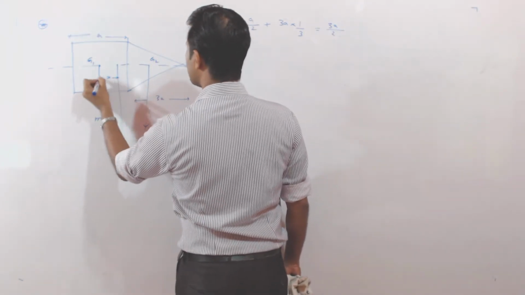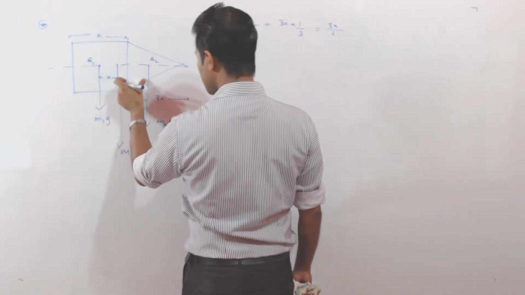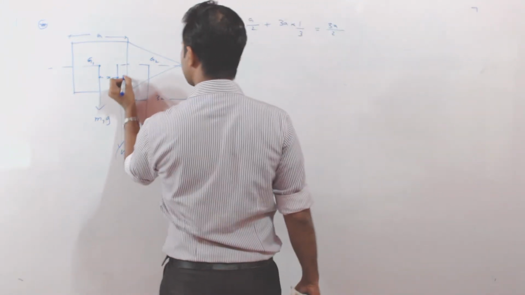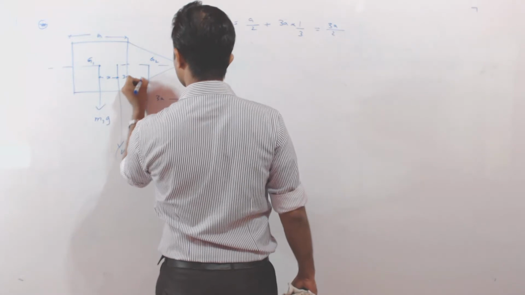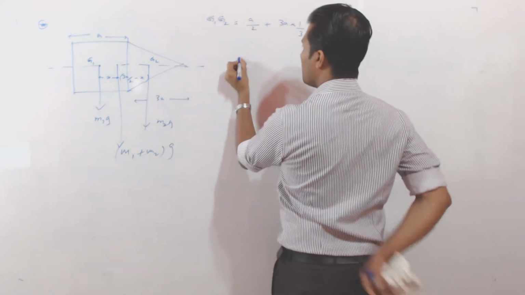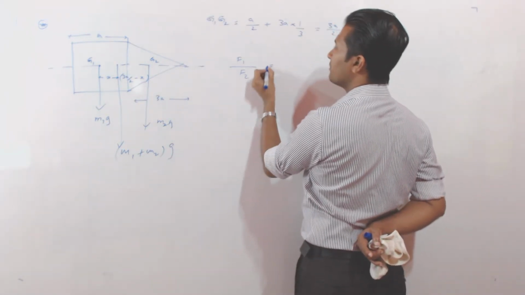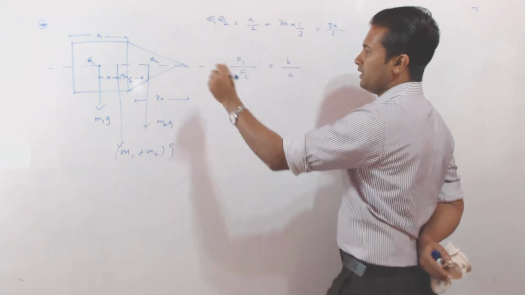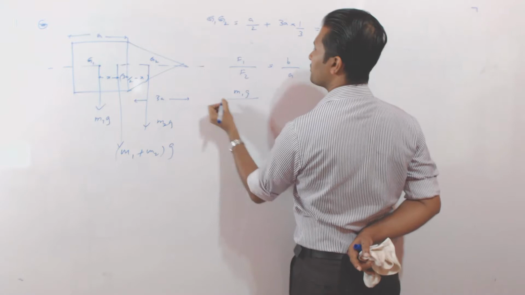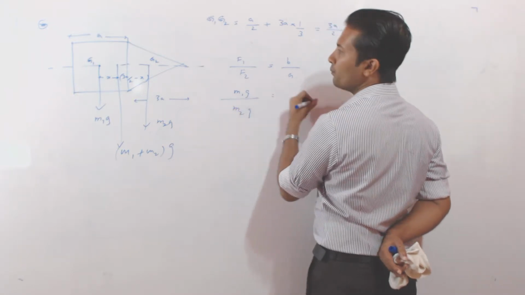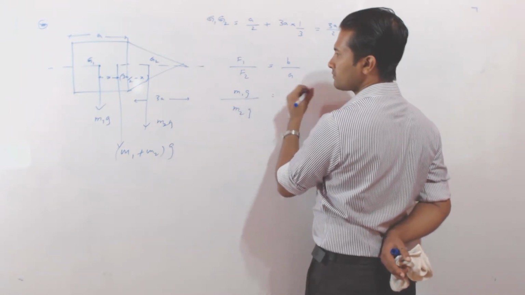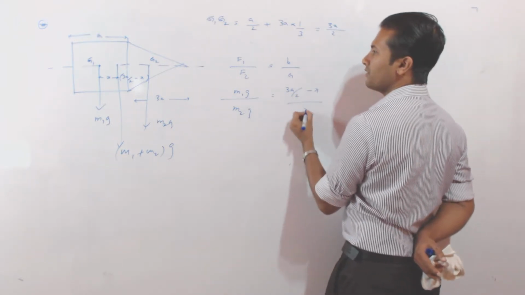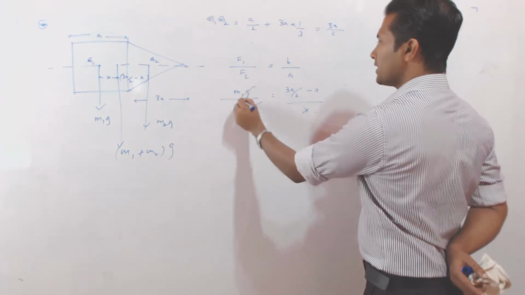You can take this distance as x, and this distance as 3a divided by 2 minus x. So now we can consider F1 divided by F2 equals b divided by a. F1 you can take as m1g, F2 as m2g, b that is 3a divided by 2 minus x, divided by x.